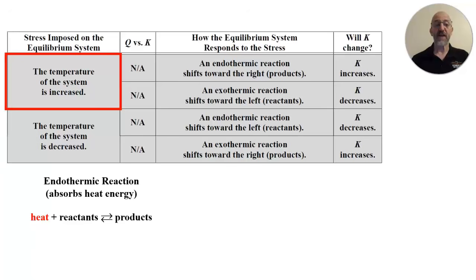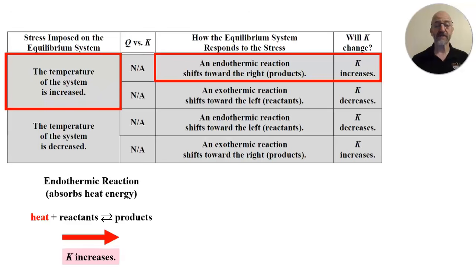So suppose that the temperature of the system is increased, and suppose that the reaction is classified as endothermic. Well, there would be a shift in the endothermic direction, which would be from left to right toward the products, and the value of the equilibrium constant K would increase. Okay, here's another possibility.